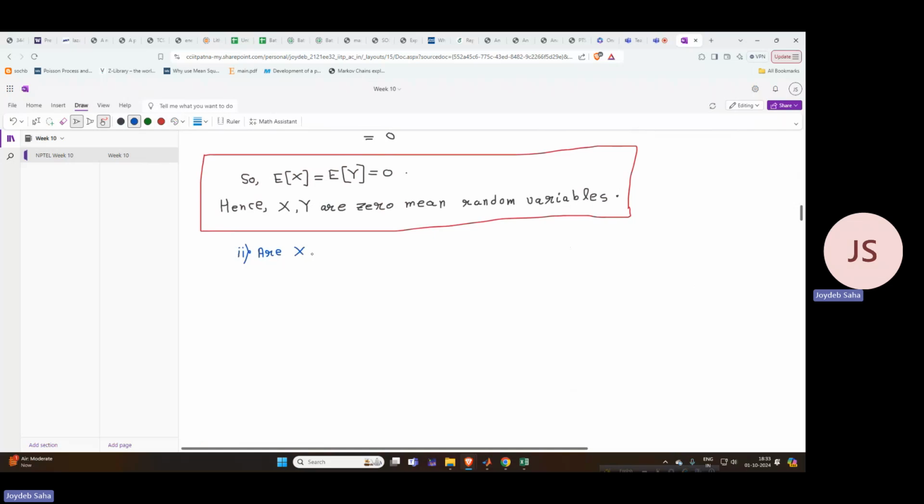Are x and y correlated? This is our question.